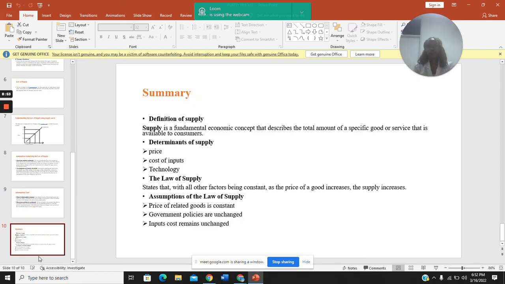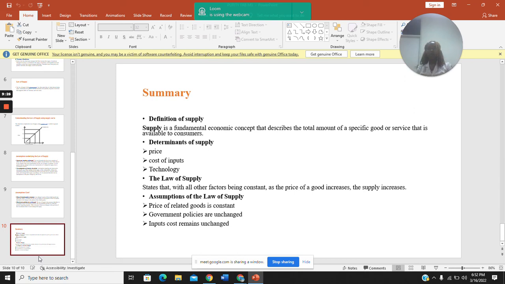With that said, let's go to the summary of our lesson. We have talked about definition of supply, and we have said that supply is the quantity of goods or service that the supplier is willing and able to offer to the consumers, or the good or service that is available to consumers.